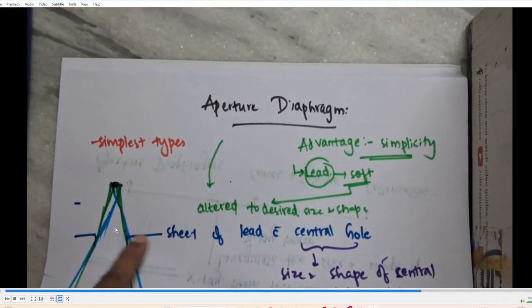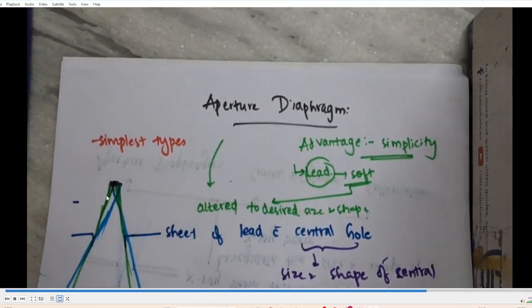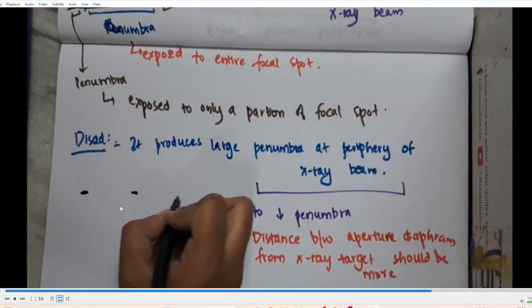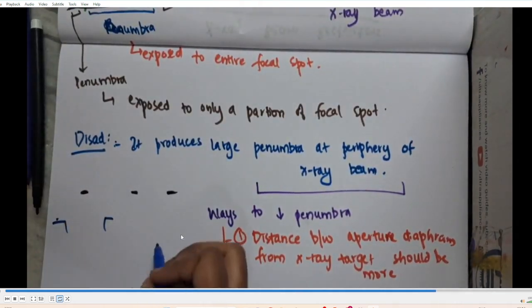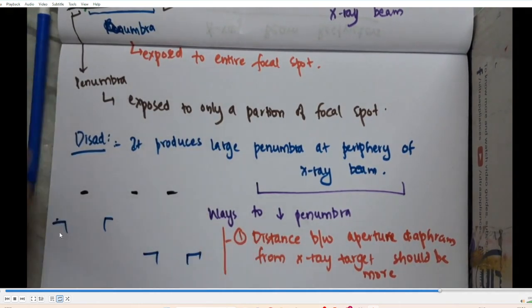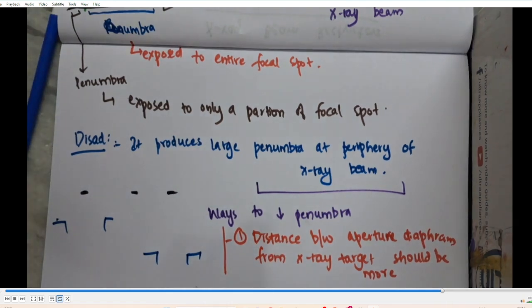So we have to place it as far away as possible from the X-ray target. We are taking two situations where the aperture is closer to the X-ray target, whereas in the other it is farther from the X-ray target. If the distance between the aperture diaphragm and the X-ray target is more, then the penumbra is decreased.